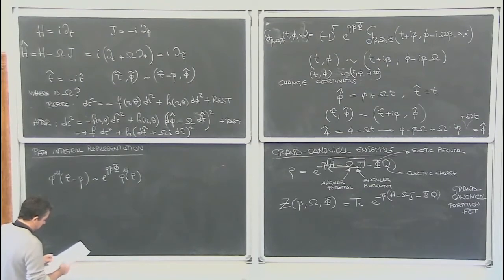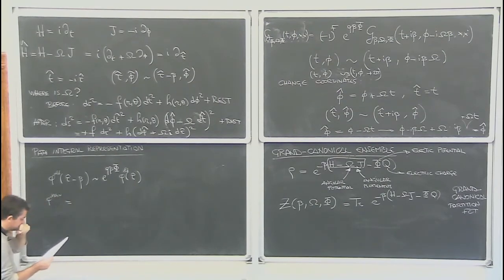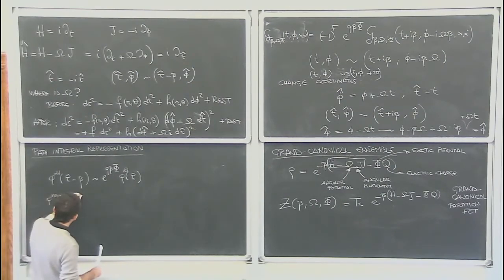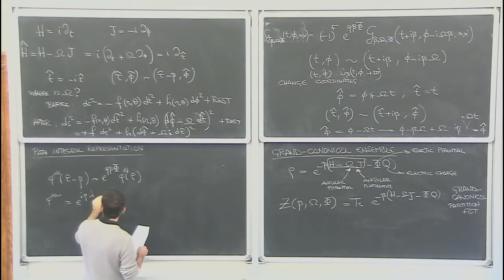So let me define phi nu, the gauge transformed field, e to the i q lambda phi old.